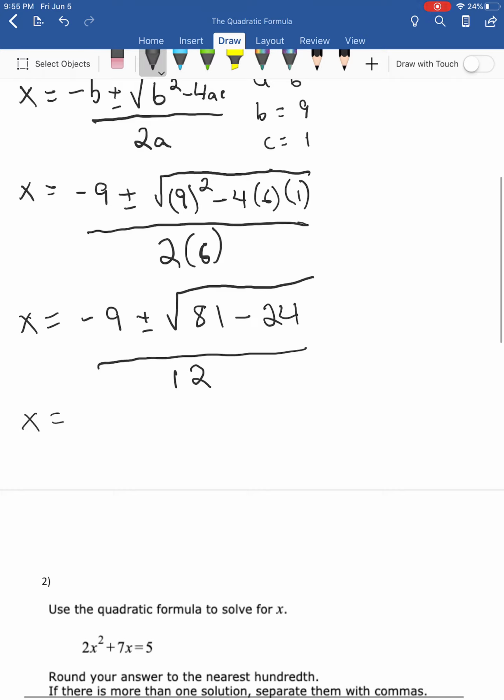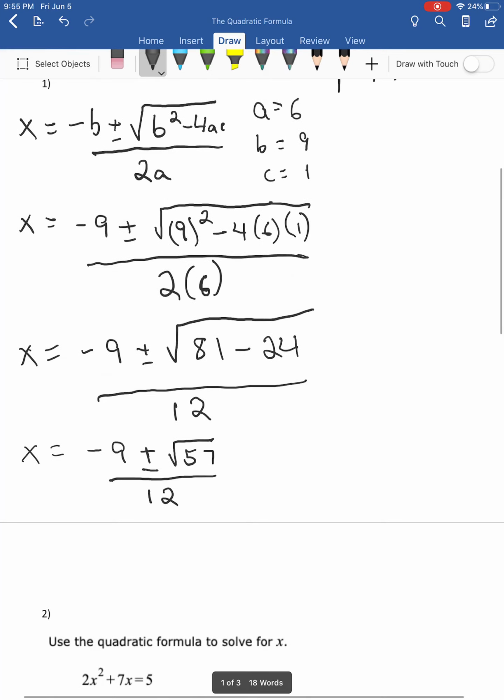So x equals negative 9 plus or minus the square root of 81 minus 24, which is 57, over 12.